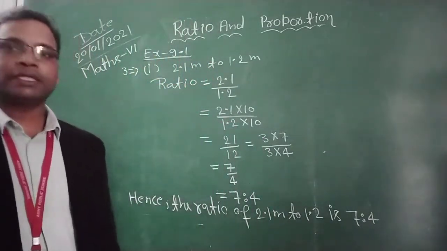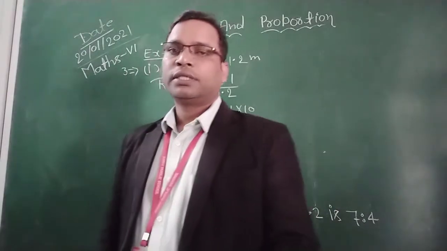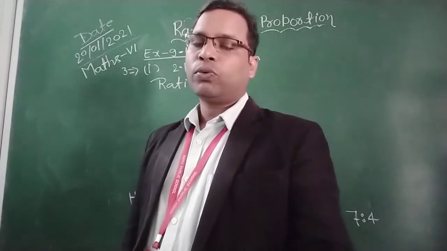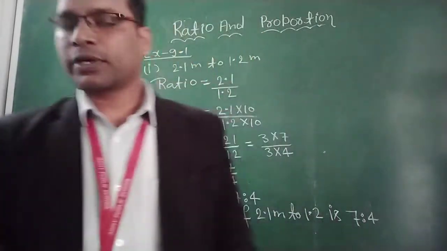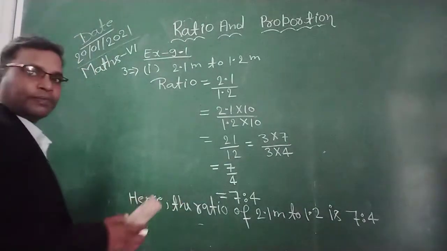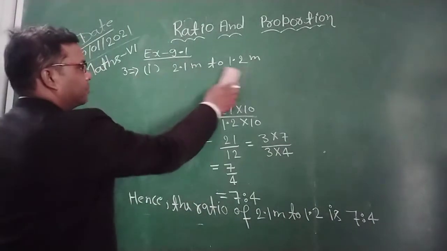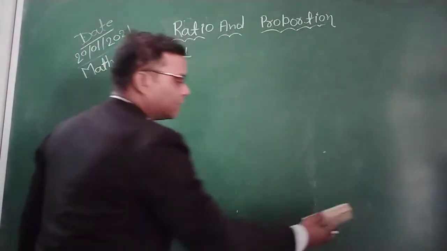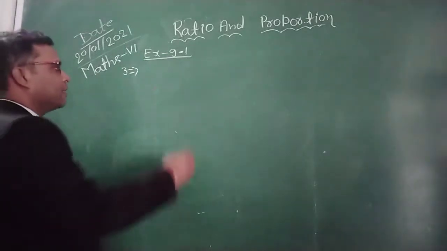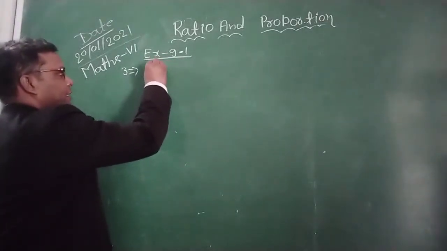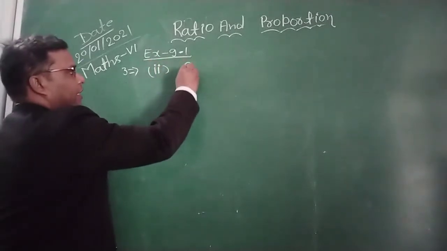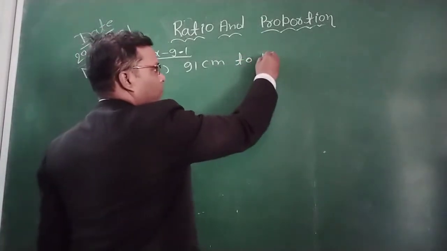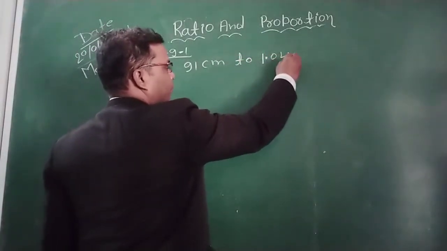What is in the second part of this question? The second part is 91 centimeter to 1.04 meter. Okay, so first we read them. After this we solve the second part. 91 centimeter to 1.04 meter.